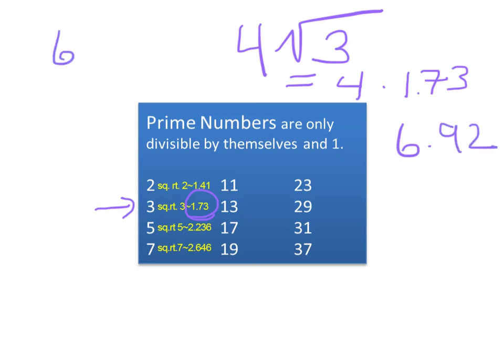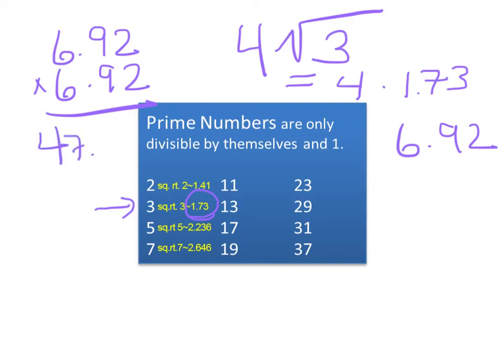We try 6.92 times 6.92, and you end up getting 47.89, which rounds up to 48, which is close to where we were. And that's how you do arbitrary roots.